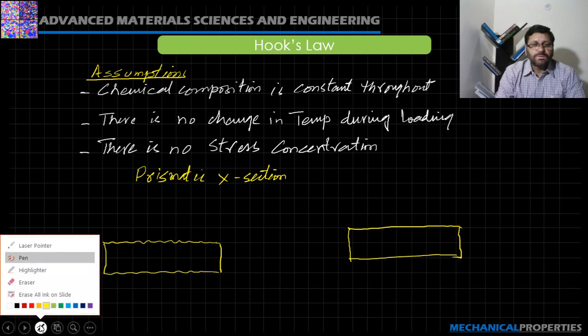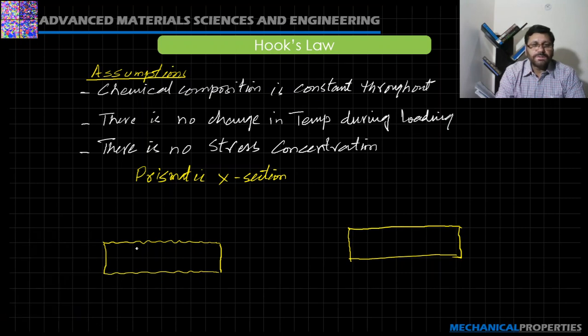So because of these waviness, let's say at this location the cross section area is minimum, and if we calculate using the expression of stress, sigma equals P over A, and if we use A minimum, here we will get the maximum or the higher stress value.